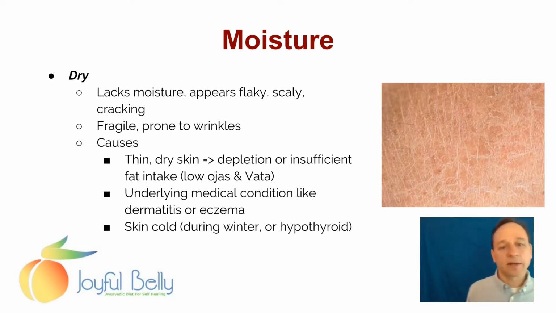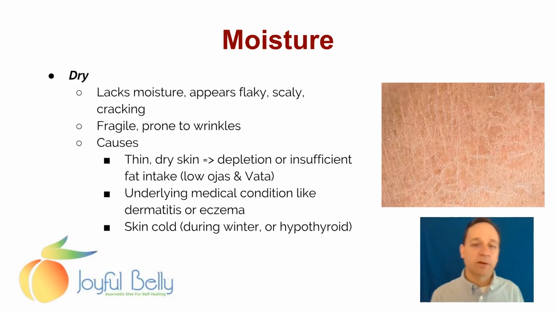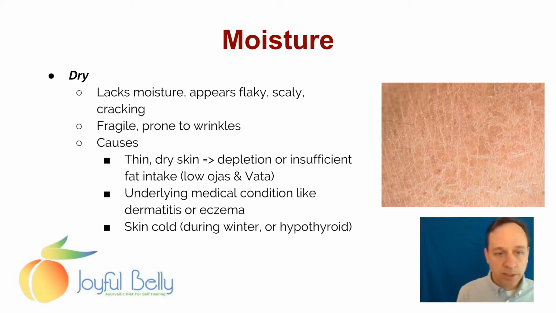And it's the lack of water and oil that will make it appear flaky and scaly. So moisture includes fluids and oils, especially when you're talking about the skin. Really, in the skin, you need both.